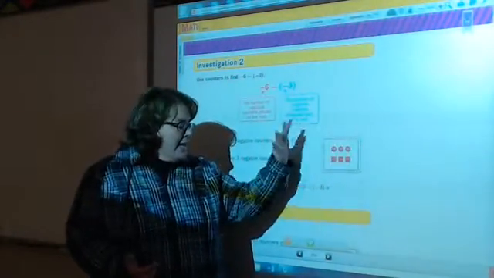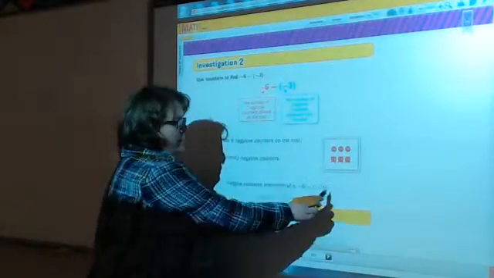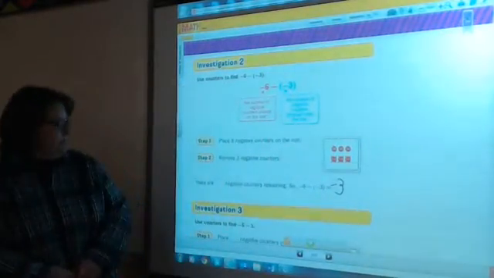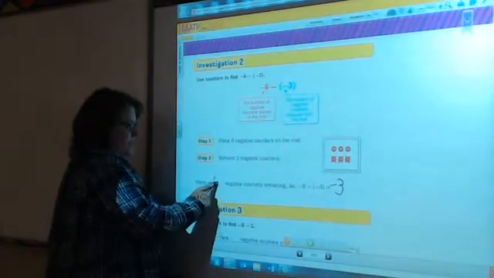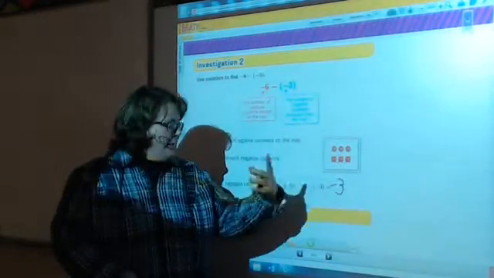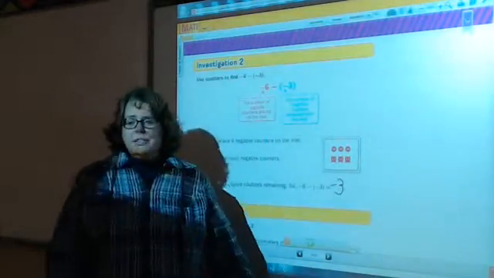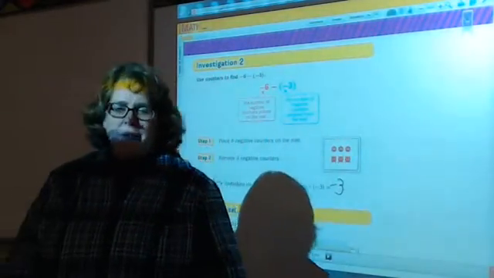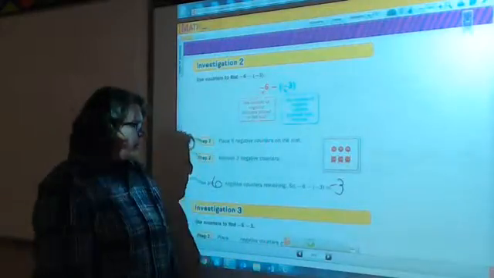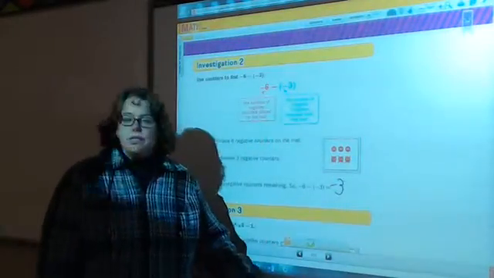Take away my 3, and I'm now left with a negative 3. There are 6 negative counters, I take away my negative 3, and I'm left with a negative 3. Pretty simple. Anytime the signs are the same, it really is quite simple. There isn't a whole lot you have to change.